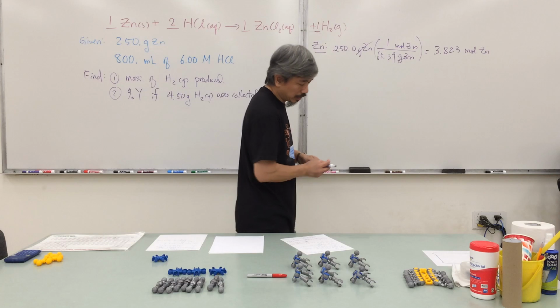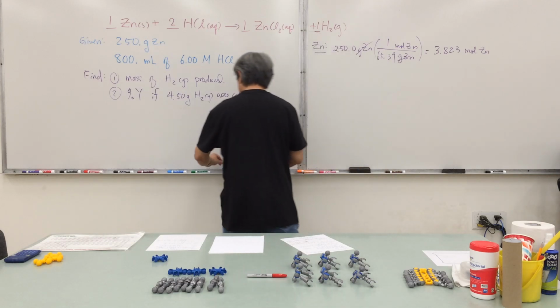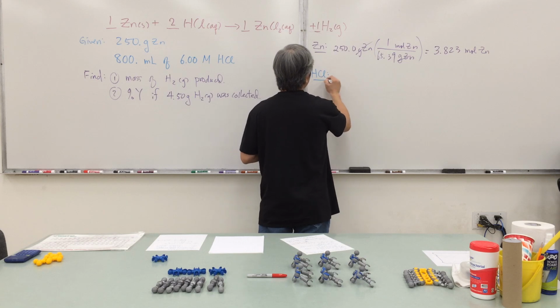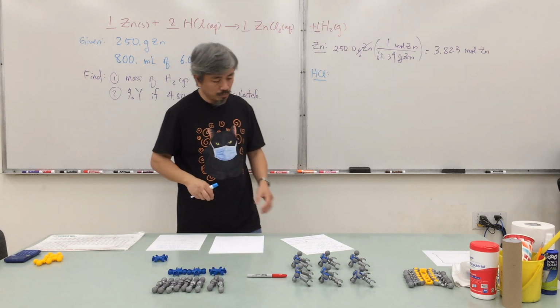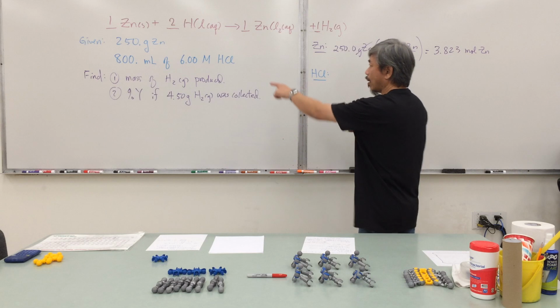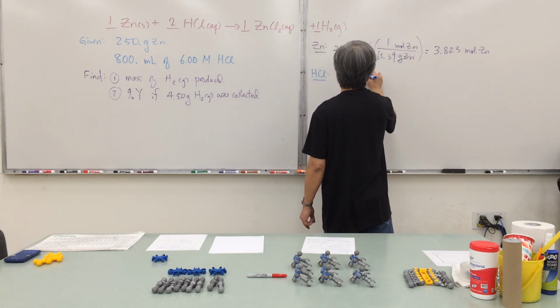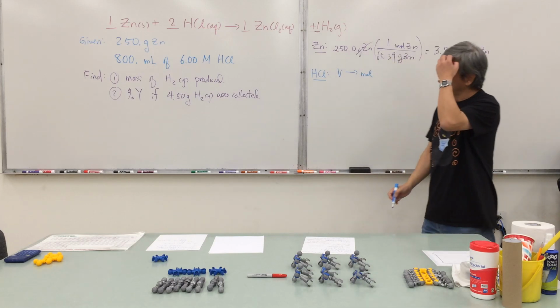So in this case, let's take a look at the HCl now. So once I have that, I'll compare it to the amount of HCl that I have. So how do I get that into moles of HCl? Well, I have volume to begin with, so somehow I convert volume to moles. How do I do that?